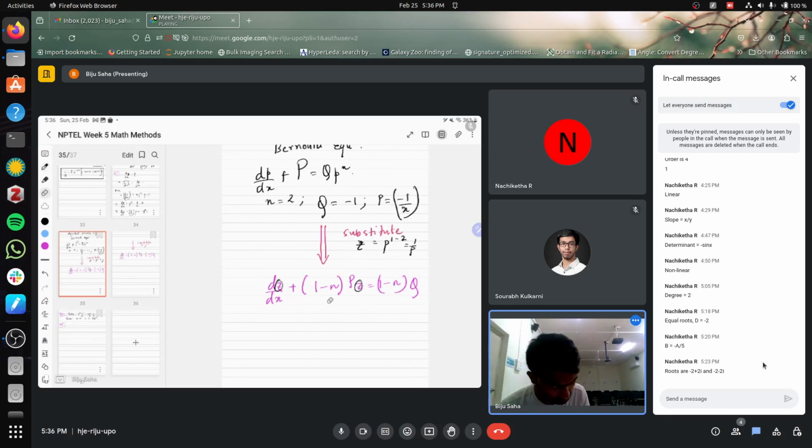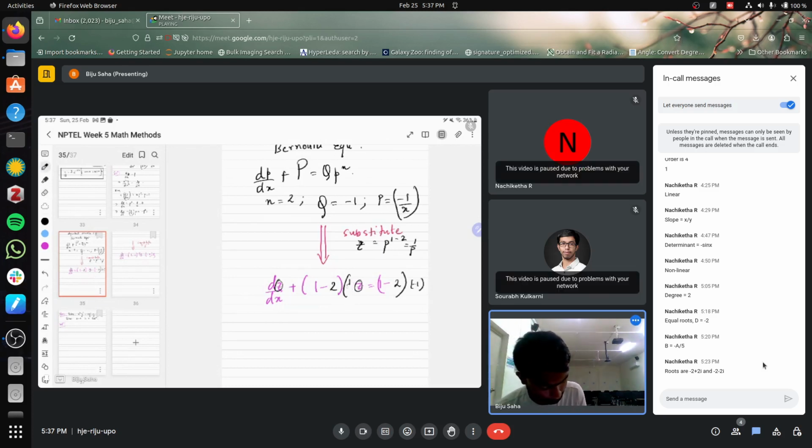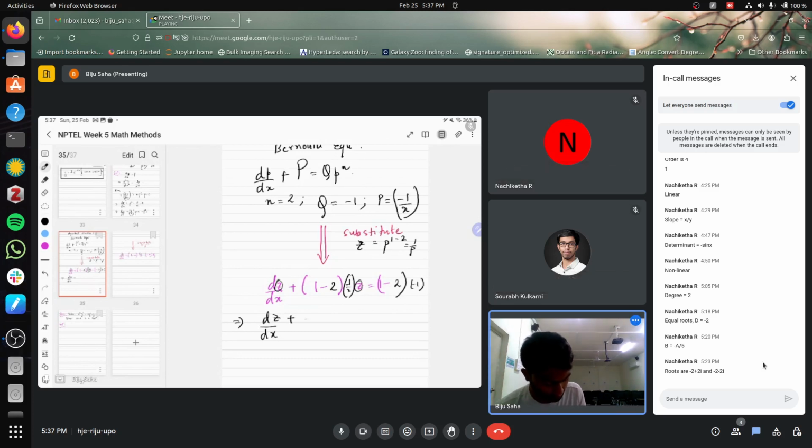So your N is 2, and your Q is -1, and your P is -1 by X. So what you have essentially is this form.